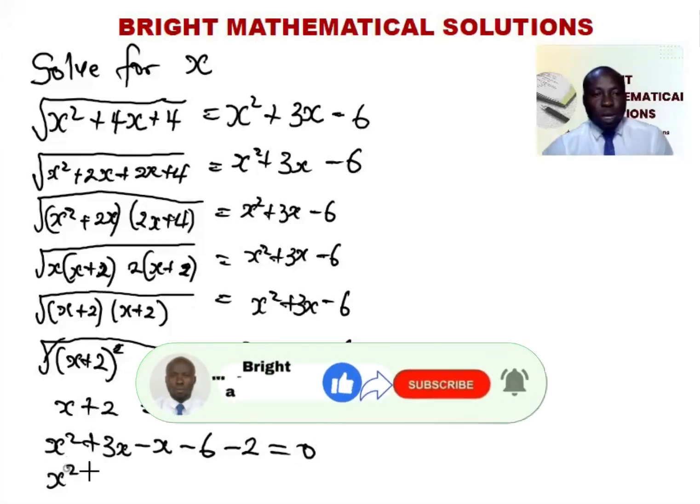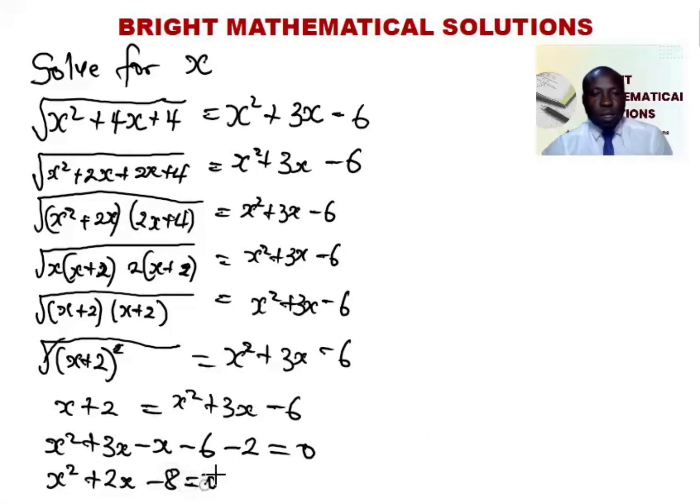This becomes x squared plus 2x minus 8 equals 0. So we have another quadratic equation, so let us solve this quadratic.